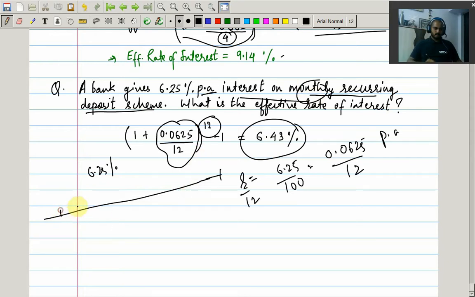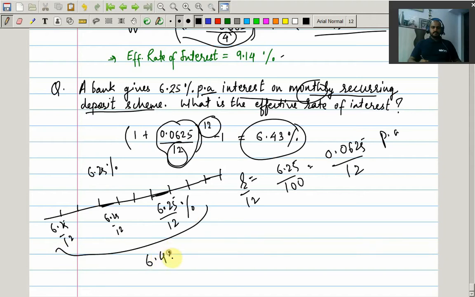So for 12 months, what is the rate for every month? 6.25 divided by 12%. That's why we have to divide it by 12. And the effective rate of interest is 6.43, which is a little bit more than the nominal rate of interest.